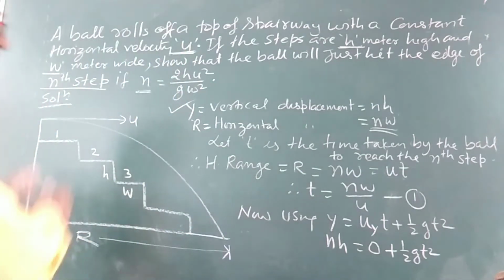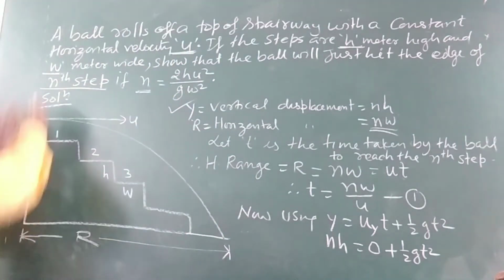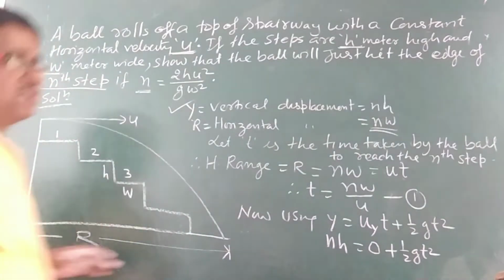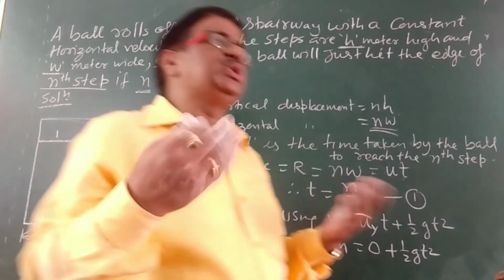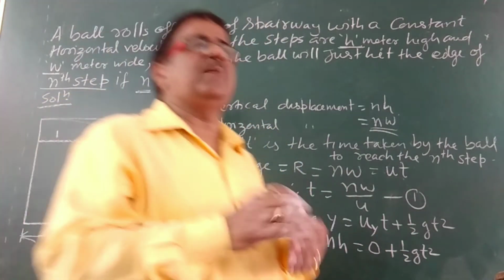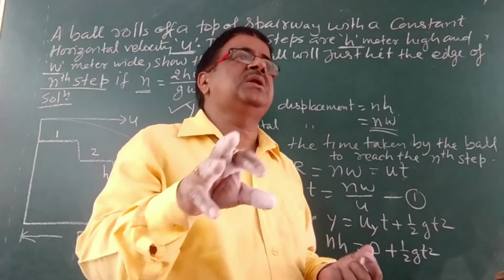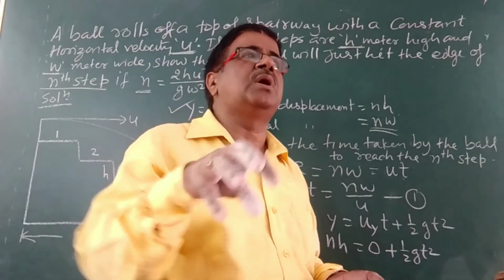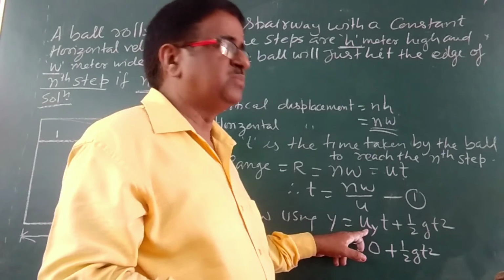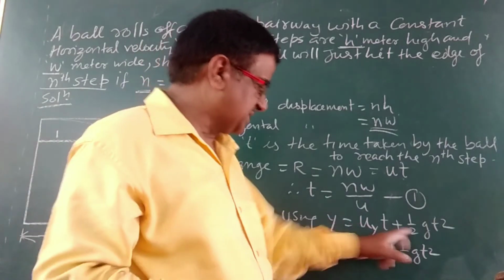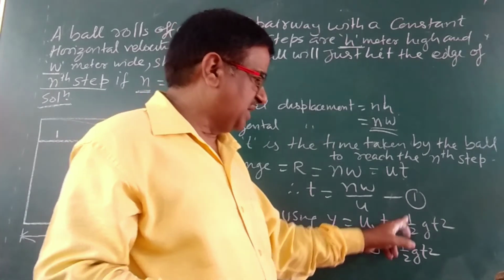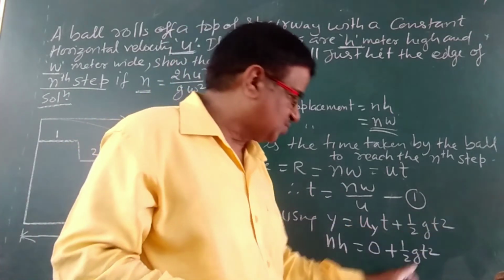Now we are taking the motion of the ball along the y-axis as it is falling down, and we are using the equation s is equal to ut plus half at square. We have not been given the initial velocity of the ball along the y-axis, so the initial velocity uy will be 0, and then it is half gt square.